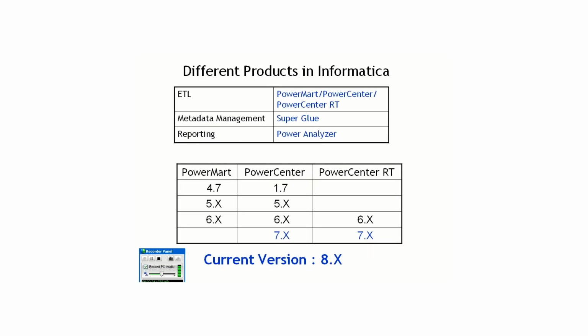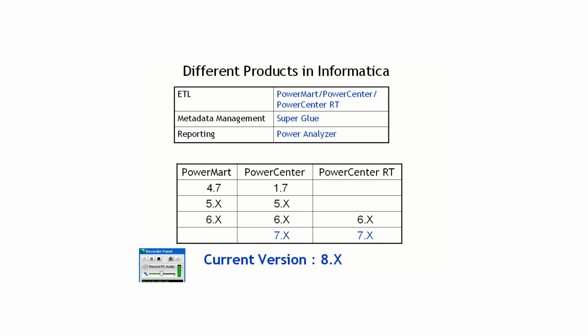As Informatica is a company, it has different products which they sell across the globe. In the ETL space, their products are PowerMart, PowerCenter, PowerCenter RT. In the metadata management space, they sell a product called SuperGlue.